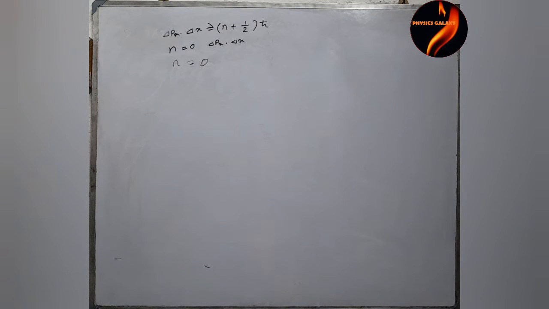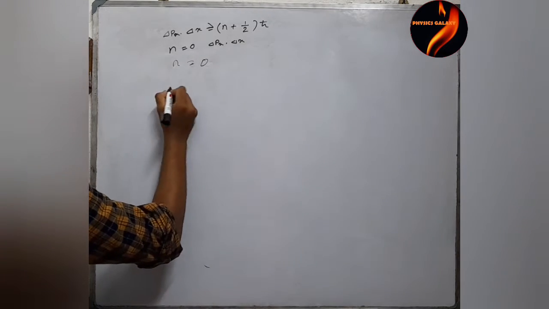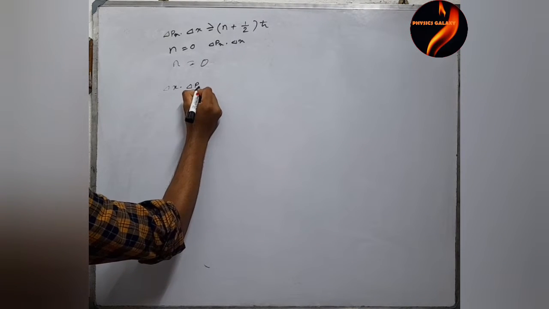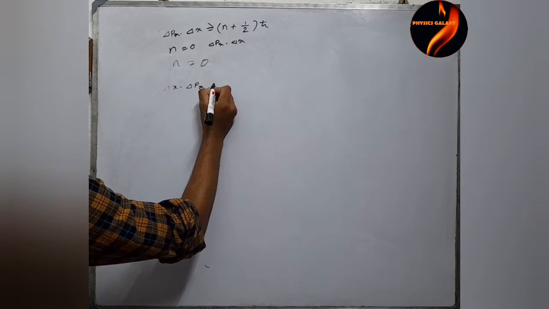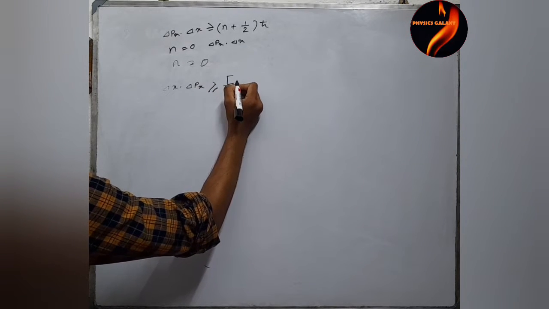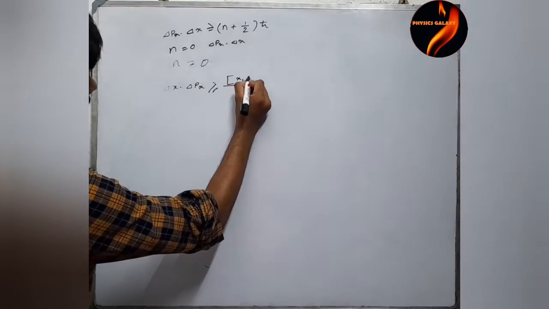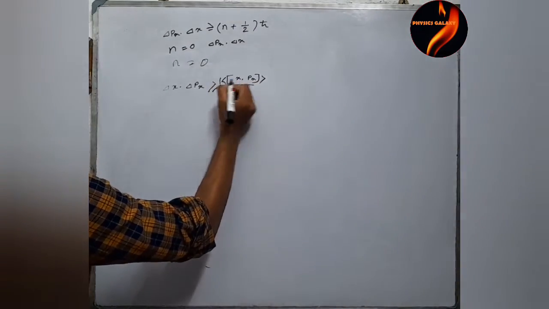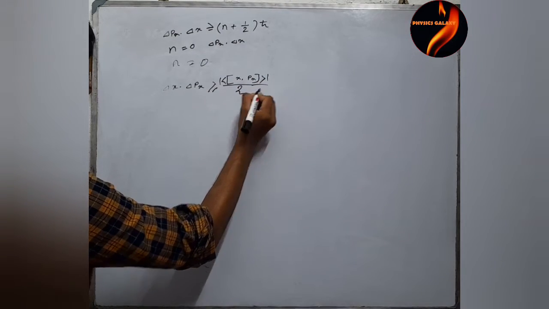Then they asked me to find out the value of delta x and delta px for the simple harmonic oscillator. We know that delta x and delta px is greater than or equal to the modulus of the expectation value of the commutator of x comma px, divided by 2.